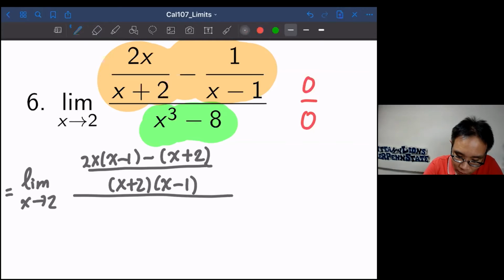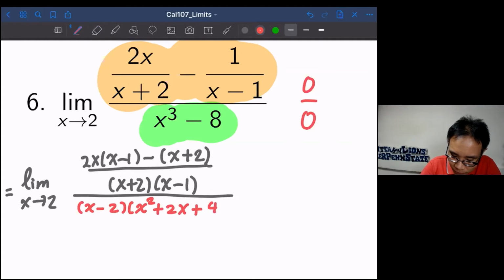Then on the bottom, you get x cubed minus 8, so it's going to be x minus 2 times, since this is a difference of cubes, x squared plus 2x plus 4.